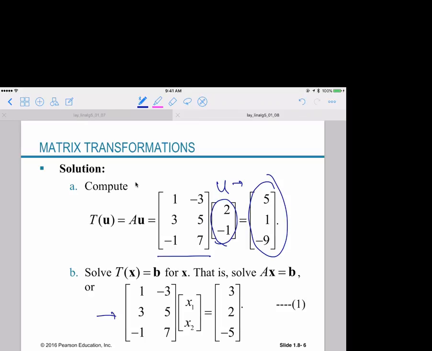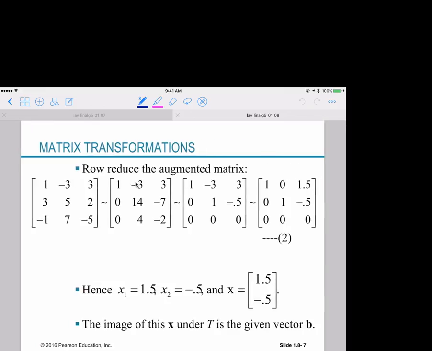Okay, so this is that form. A and B here are known, and we have to find out X here. Then the remaining story is the same. We do the row reduced echelon form, and then find out the solution.